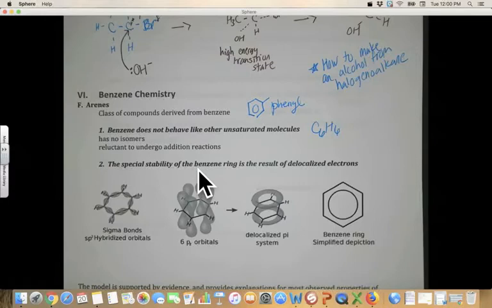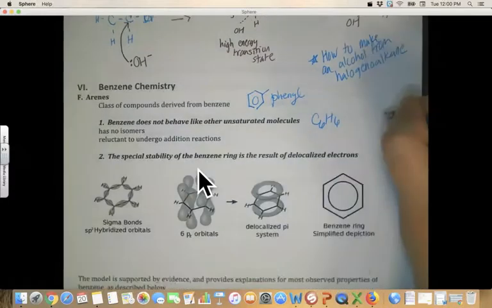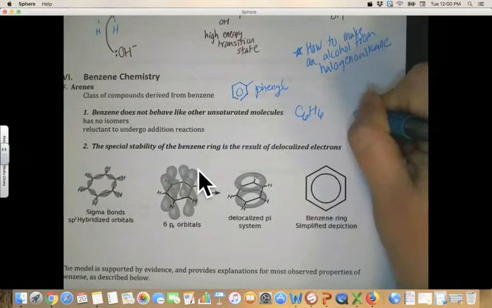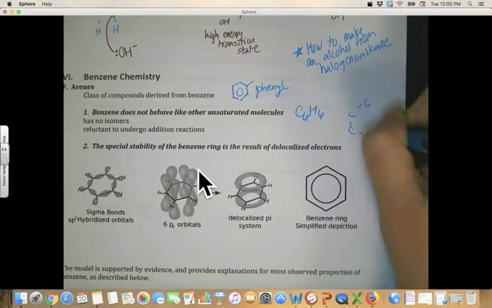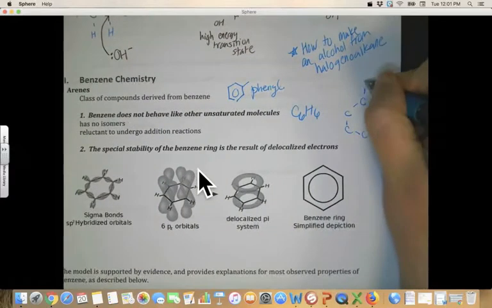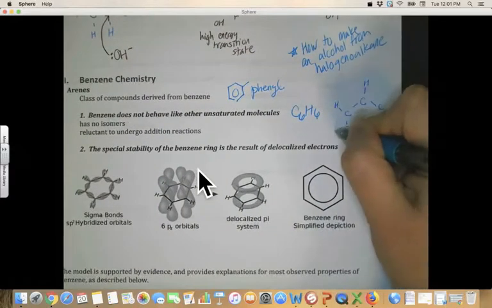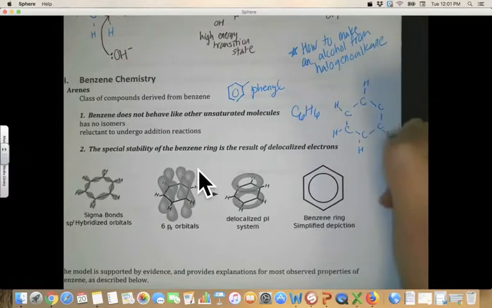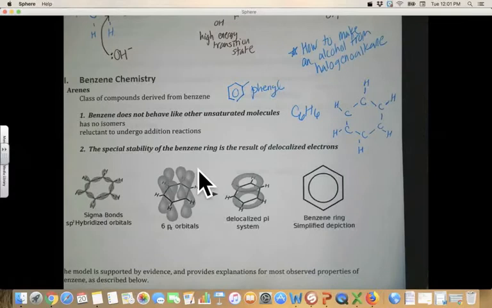So what actually happens is that it's a cyclic molecule where you have 6 carbons, each with 1 hydrogen attached. I encourage you to get a molecule kit and try and build this.